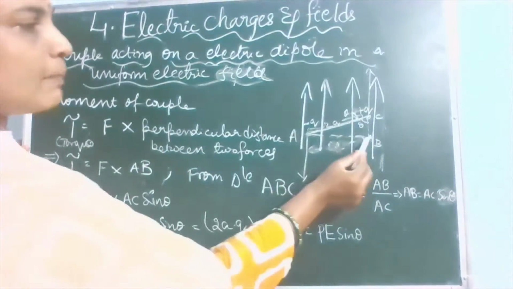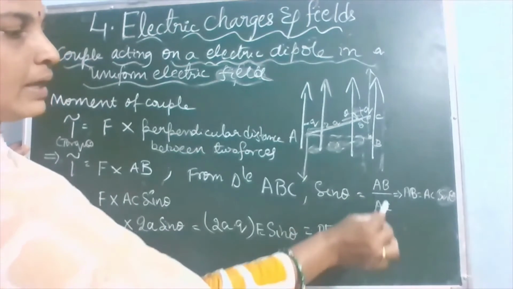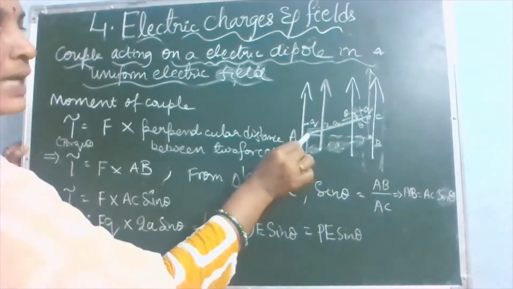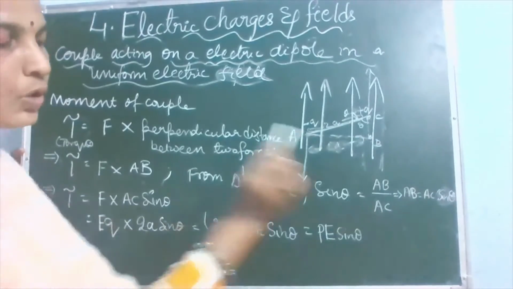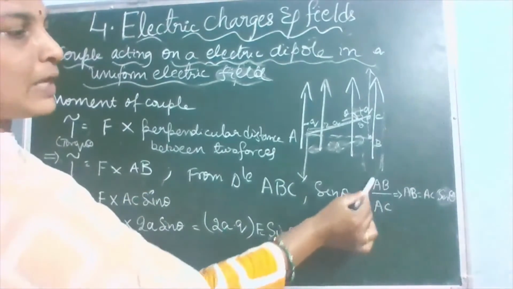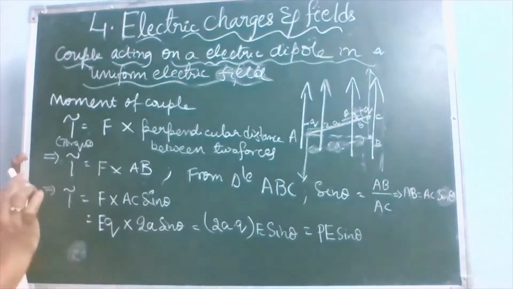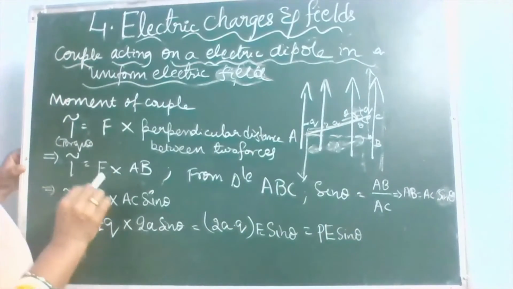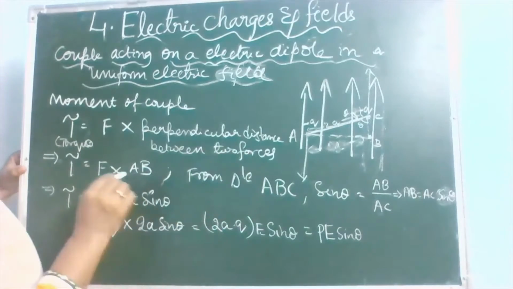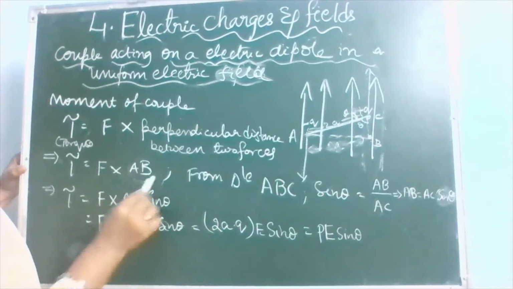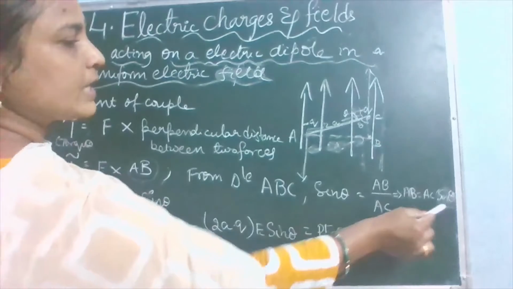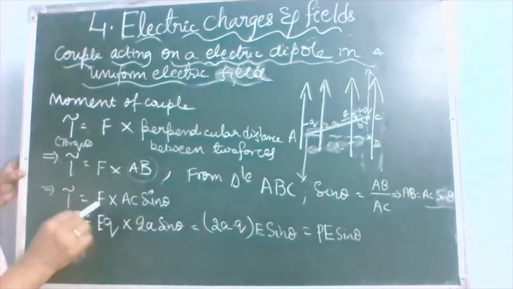Opposite side is AB, hypotenuse is AC from this triangle. So AB equals AC sin theta. So torque equals F into AB, force into perpendicular distance. So this AB equals AC sin theta, so F into AC sin theta.